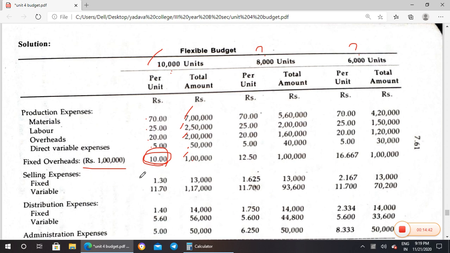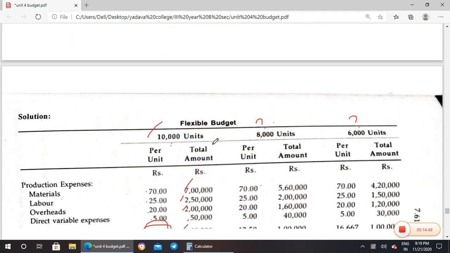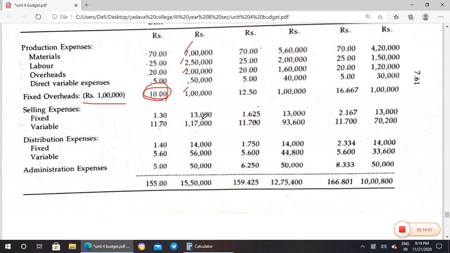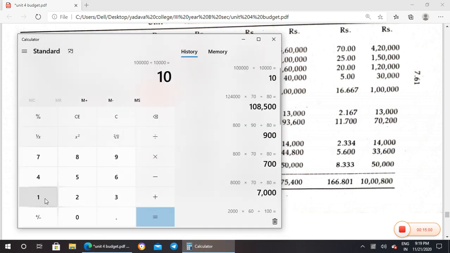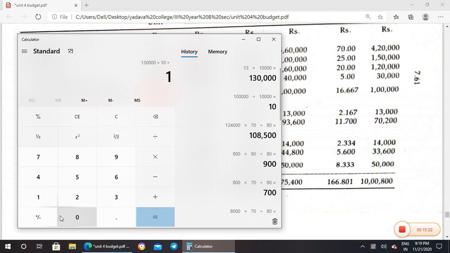In selling expenses they have given 10% is fixed. 13 per unit they have given. 13 into 10,000, so 1,30,000. 10% is the fixed one, so 10 divided by 100 gives 13,000 as the answer.